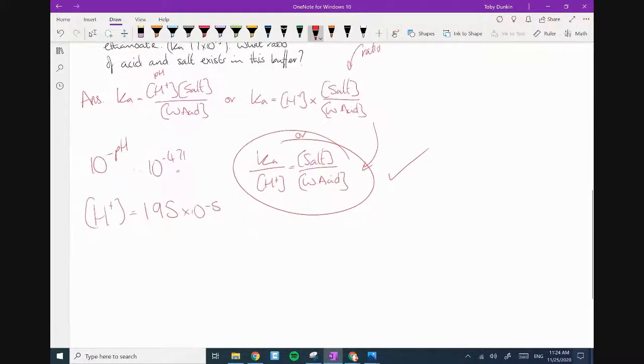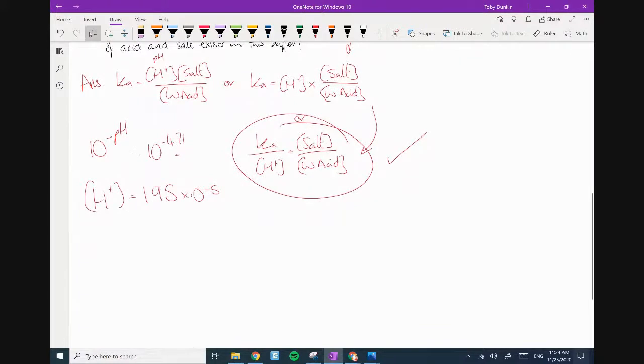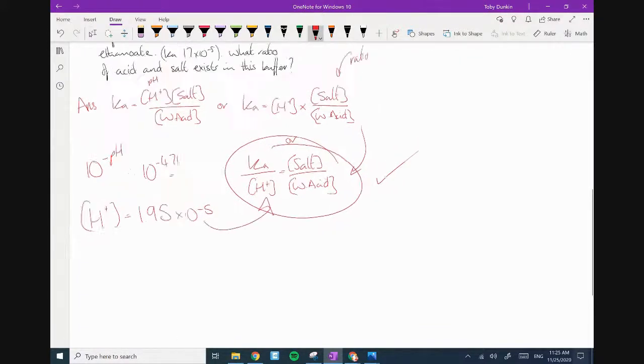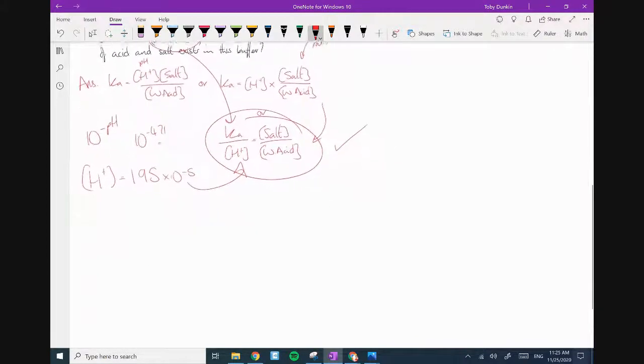I like it. We've got the Ka value, so all we now need to do is insert the two numbers in here. There's my H plus. My Ka was in the question. Let's just insert those.